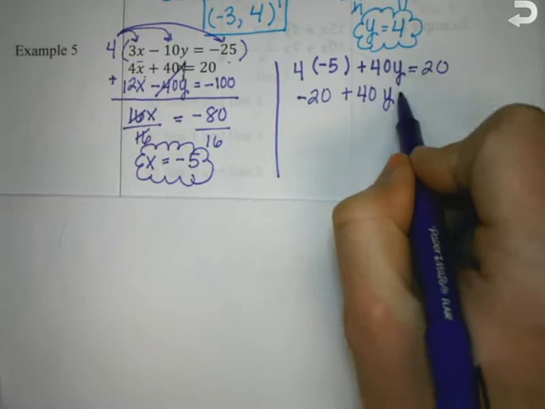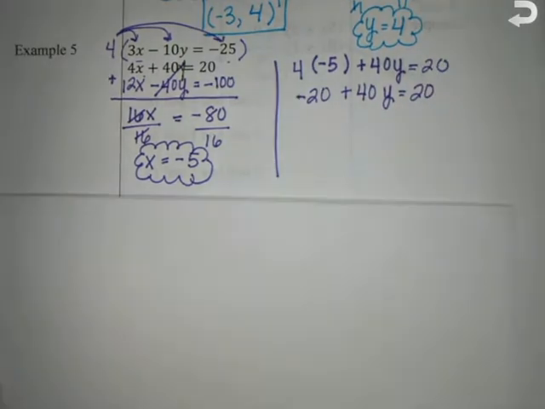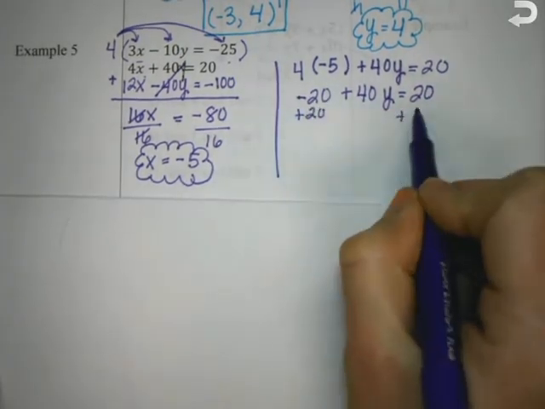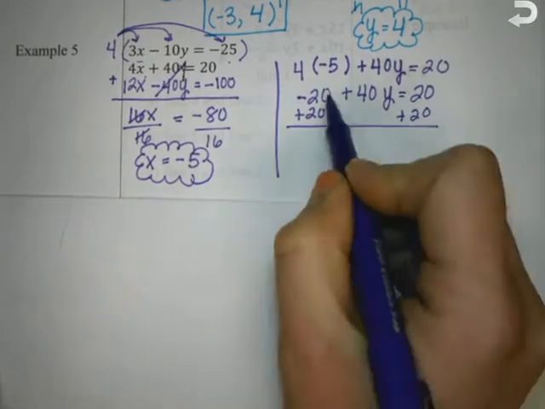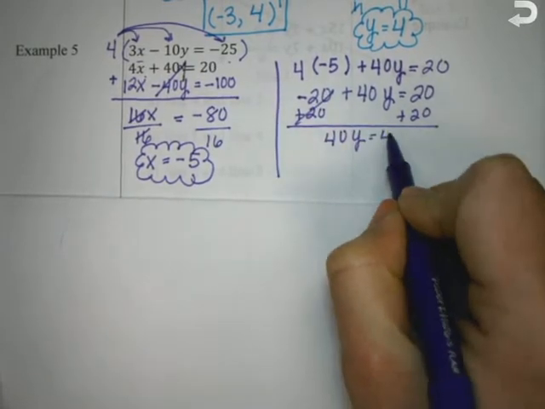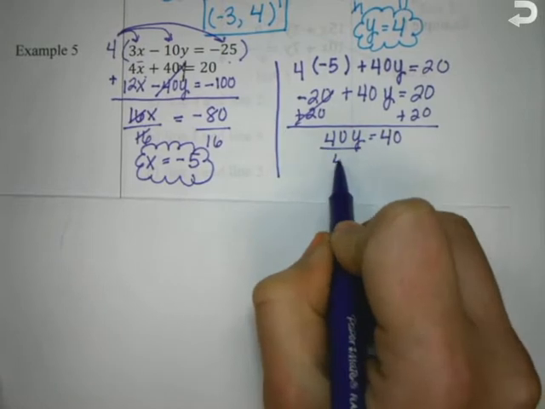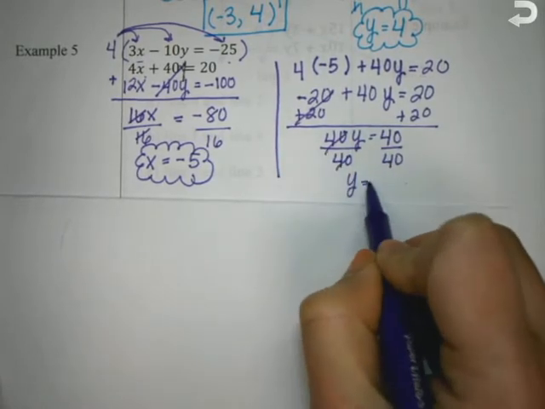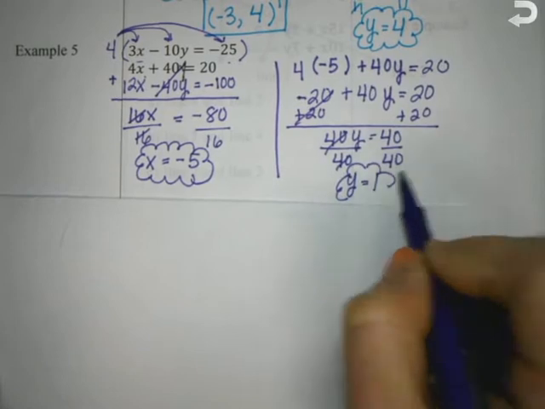So that gives me 40y equals 40. Divide both sides by 40. Y equals 1. So what is my answer? -5, comma 1. And you guys are making sure you put them in parentheses, correct? Okay, just checking.